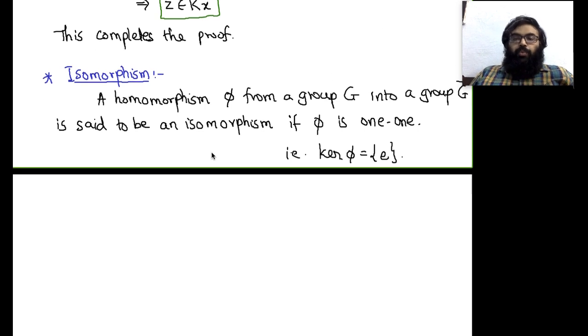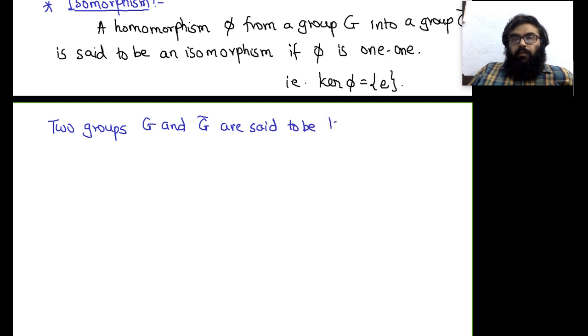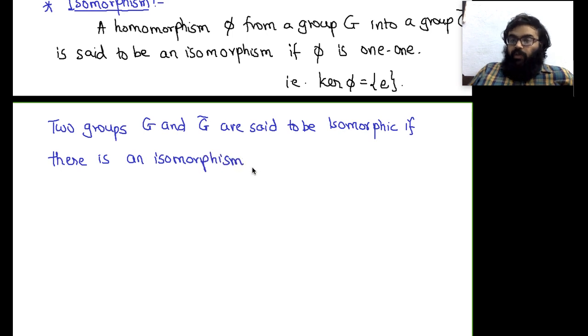Right, when we say that two groups G and G bar are said to be isomorphic if there is an isomorphism, that means 1-1 homomorphism from G onto G bar.